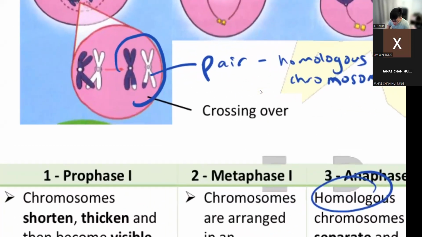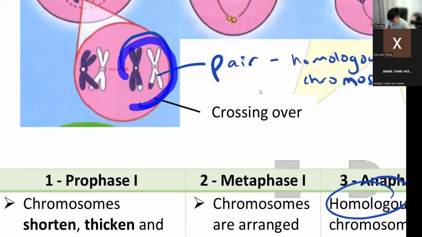Can you see what they are doing here? Okay, sir, why did the legs change? This was a purple chromosome and a white chromosome. Suddenly, this purple chromosome has a white leg, and this white chromosome has a purple leg.